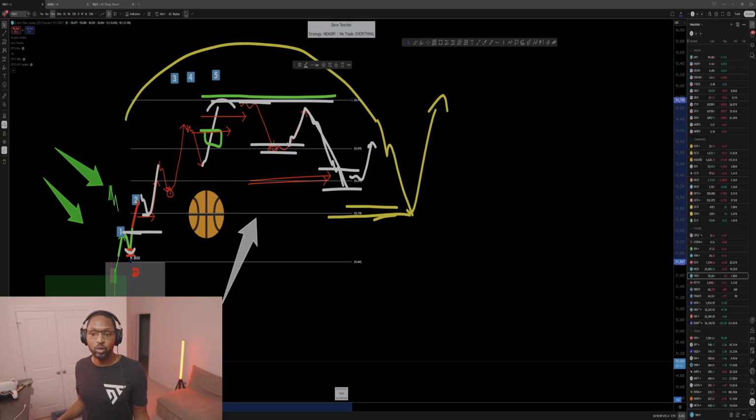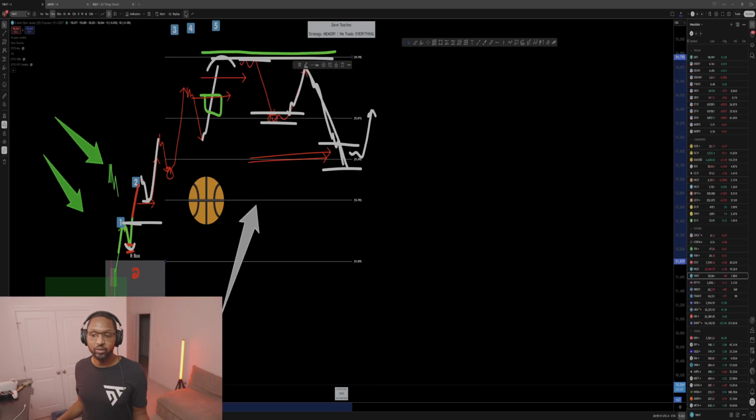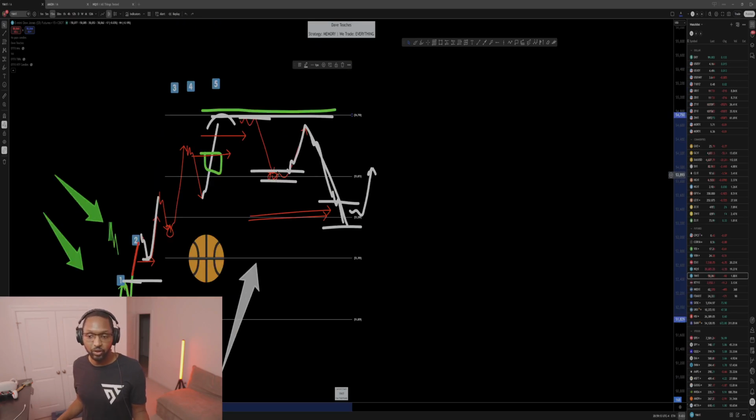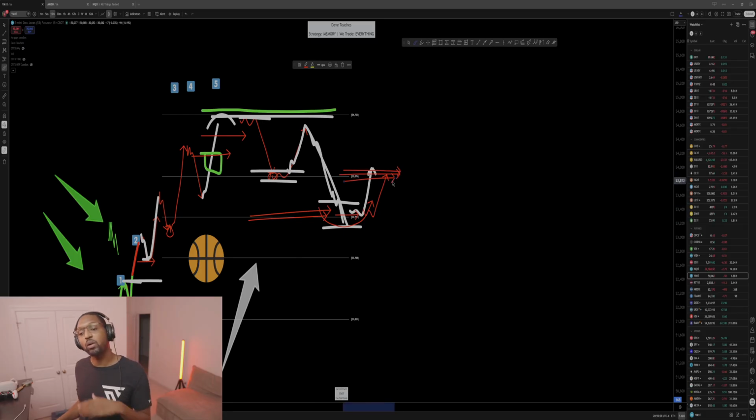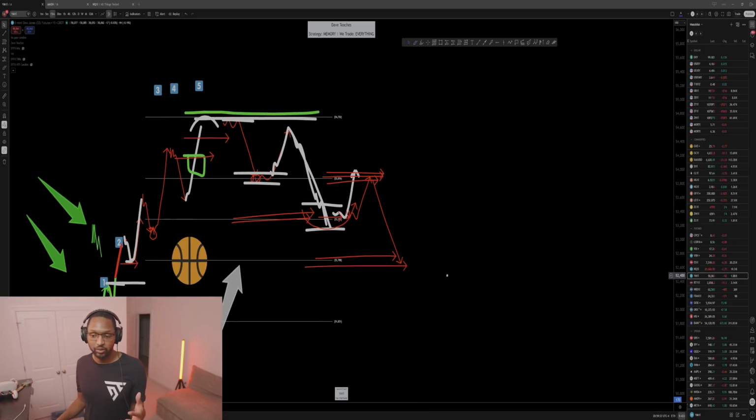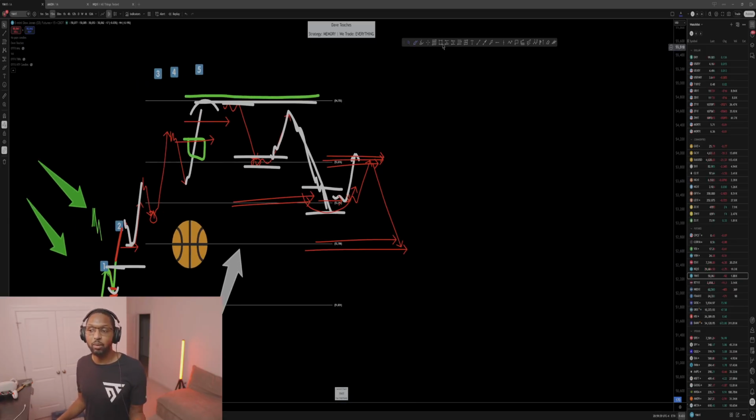Right? So we see that we tap into that 30, we fail to put in a high after tapping into that 30, and then we begin to trade down. We move into the 50. We tap on the 50, move back up to the 30. We get stuck there, or we don't have to move back to the 30. We could end up just trading through the 50 and go to the 70. Here is where you're essentially looking at another opportunity to trade off of that 70.